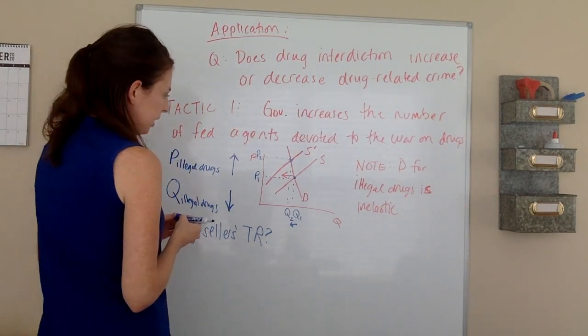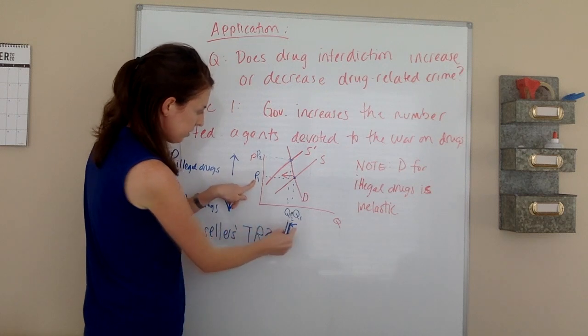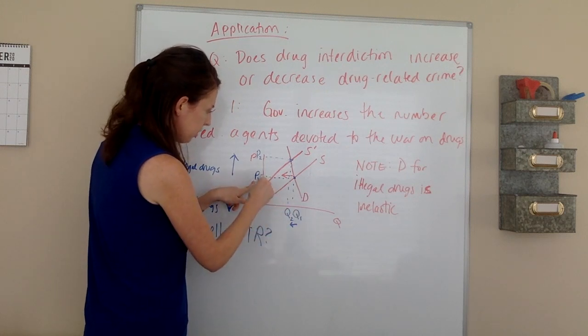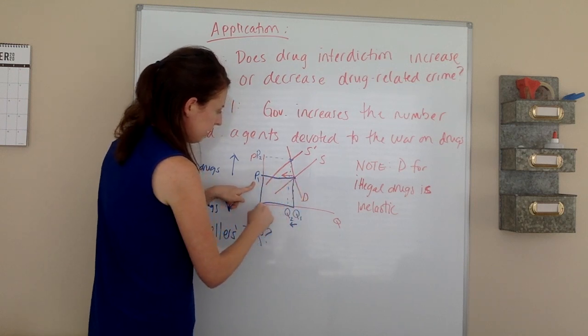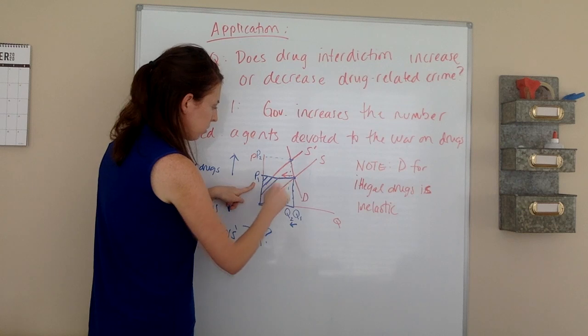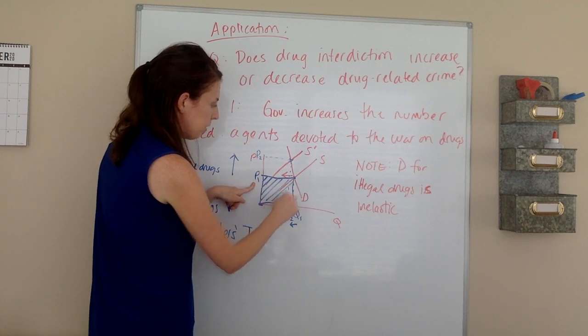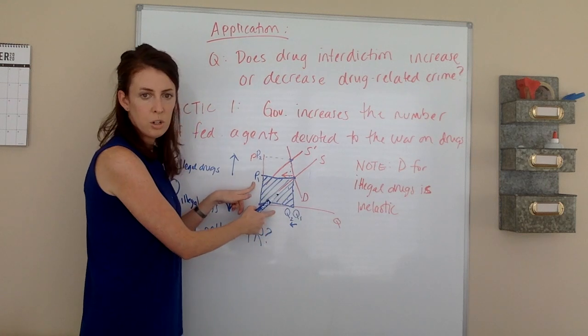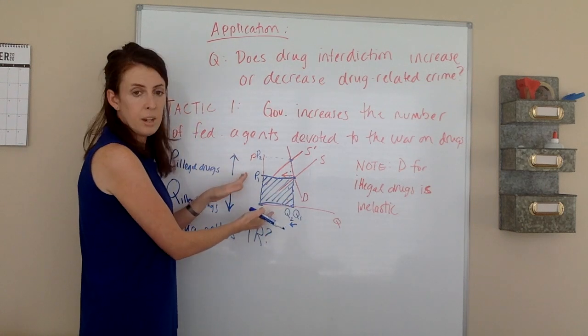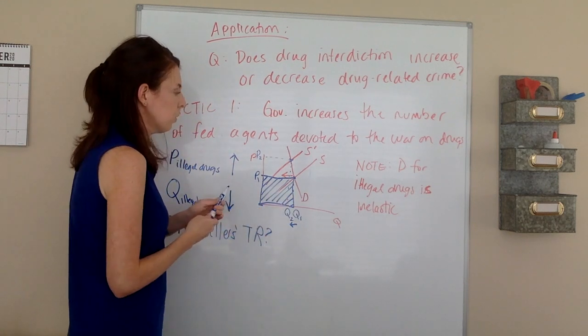So originally, this was the price, this was the quantity. And so originally, this box right here is going to have an area that corresponds to the original total revenue from selling drugs that the drug sellers are going to accrue before the government takes a step into this market.